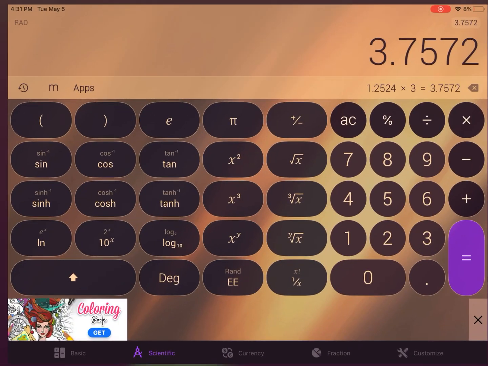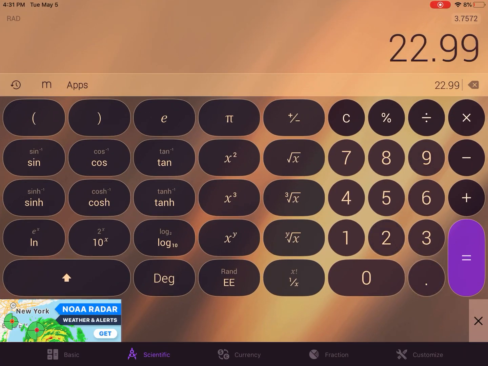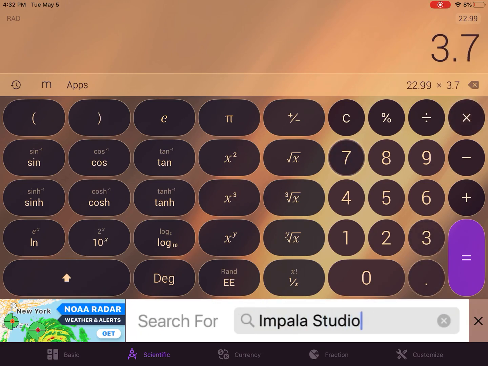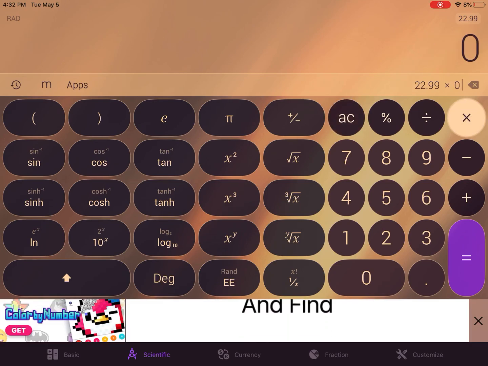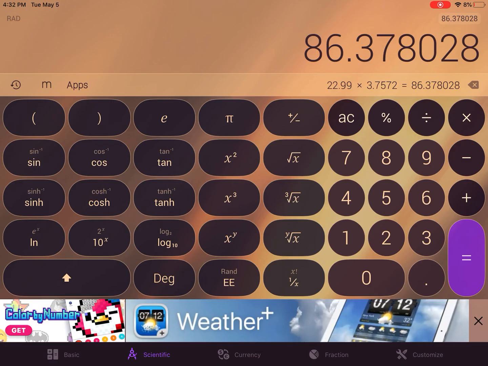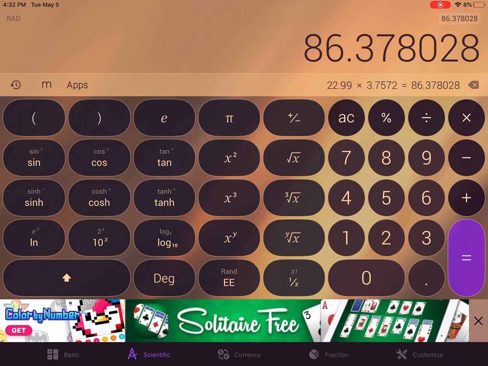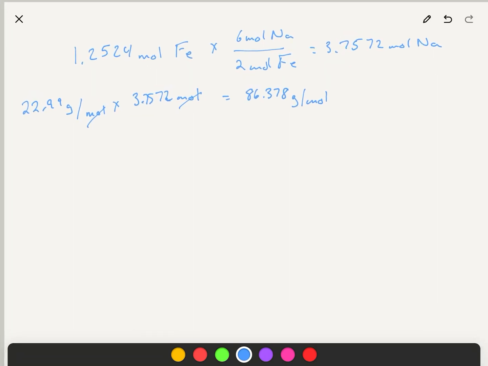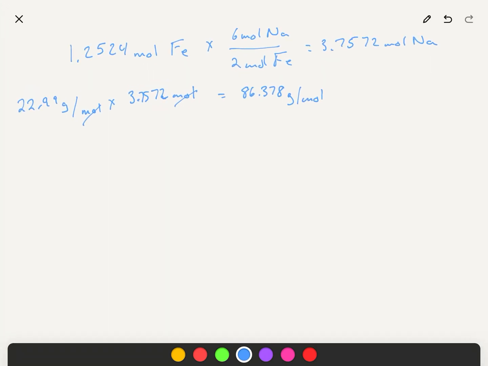So let's take this 22.99 times 3.7572. And we get 86.378 grams. Not grams per mole, just grams of sodium.